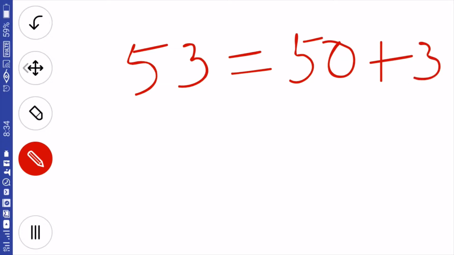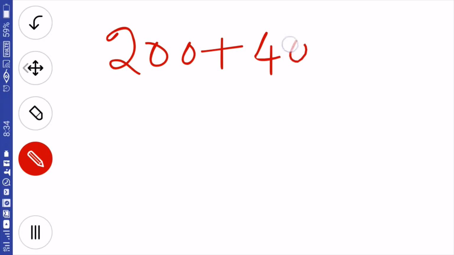Then while adding, how do we do it? 241 is 200 plus 40 plus 1, and 53 is written as 5 tens plus 3 ones.